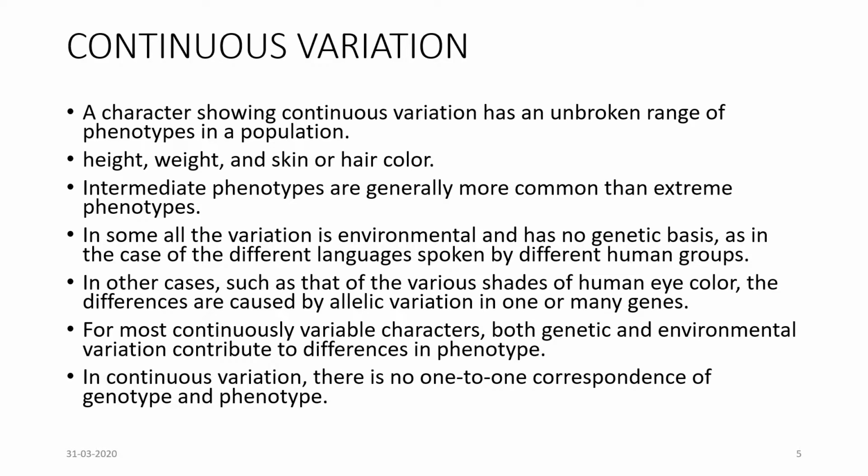For most continuously variable characters, both genetic and environmental variation contribute to differences in the phenotype. So in continuous variation, there is no one-to-one correspondence. In discontinuous variation, one gene is always dominant and represents the tall character, and another gene represents a short character. Here you do not have a single gene contributing to one particular phenotype.